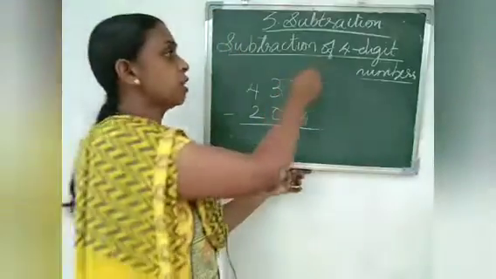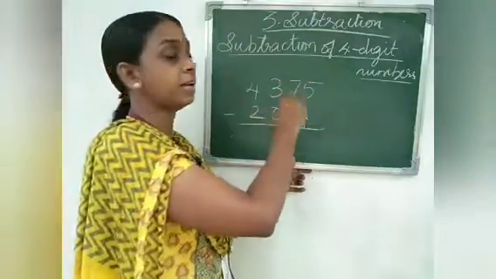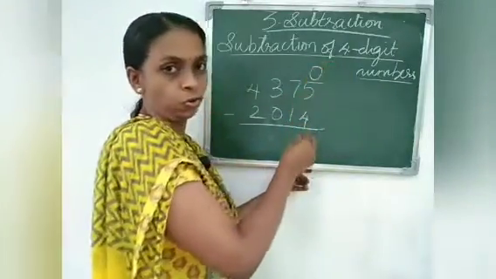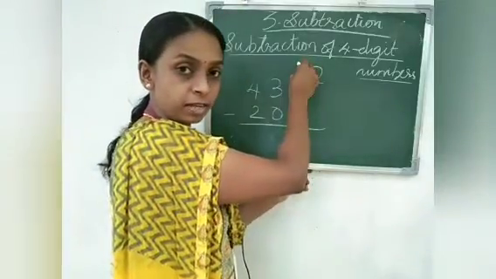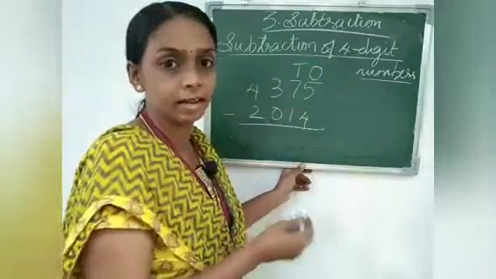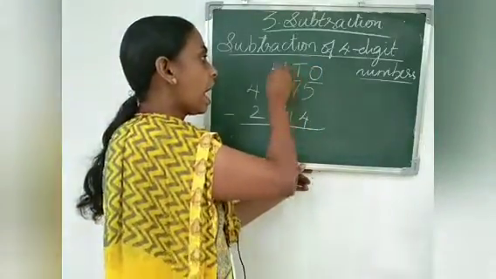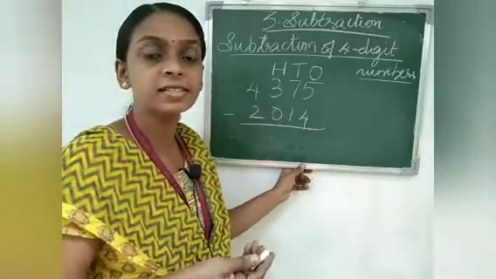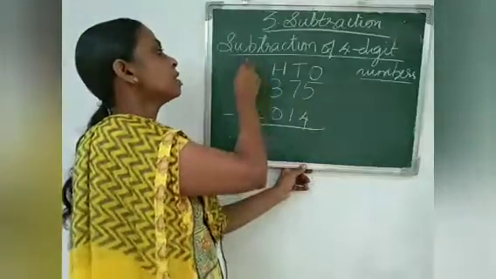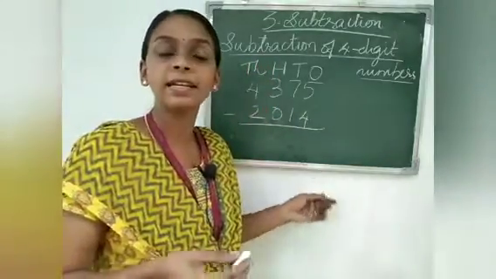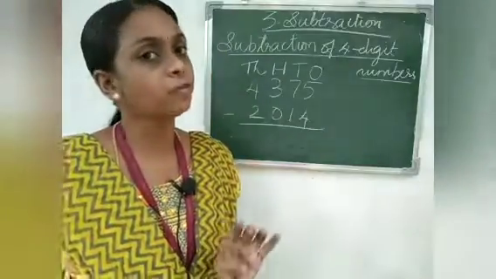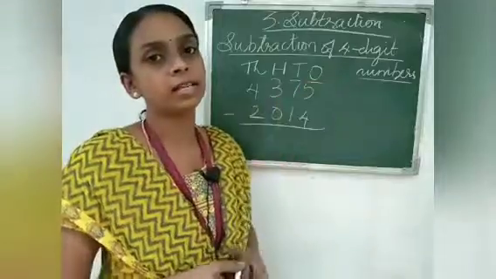From the right side, first is the ones place, which we denote as capital O. The next is the tens place, which we denote as capital T. The next is the hundreds place, denoted as capital H. And the fourth place is the thousands place, denoted as capital T and a small h.